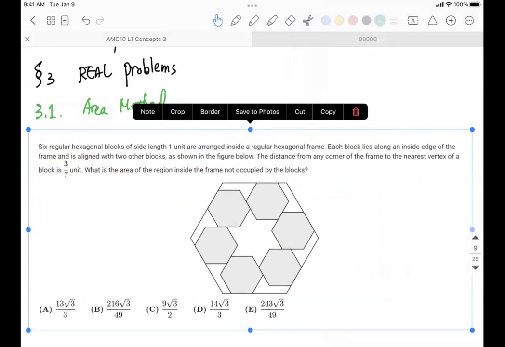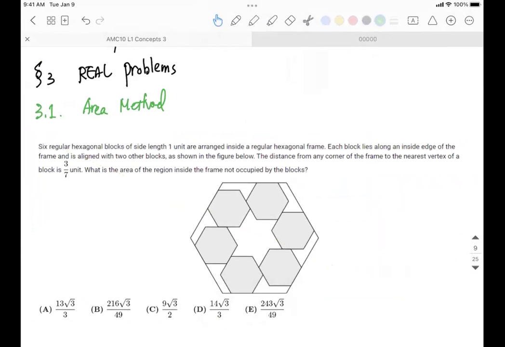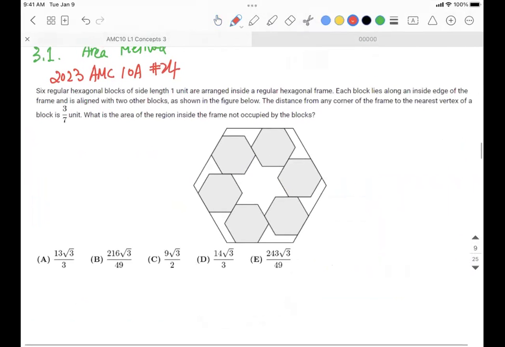This is a problem that comes from 2023 AMC10A question number 24. This is the latest and greatest problem, right? So let's read the problem first. Follow me, whenever we read a problem, let's try to highlight the most important things. Six regular hexagon blocks of side length 1 unit are arranged inside a regular hexagon frame.